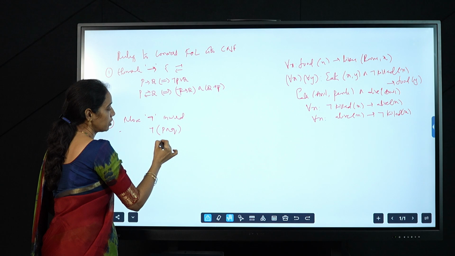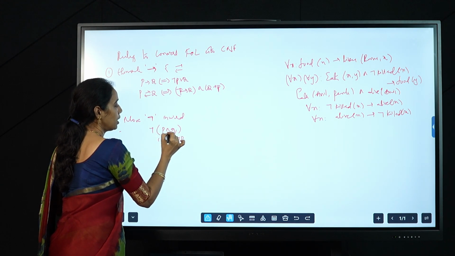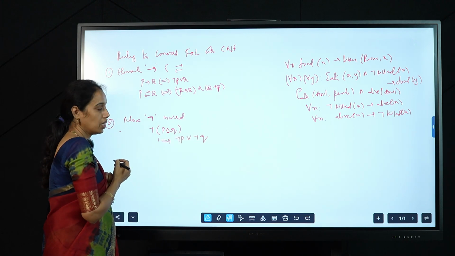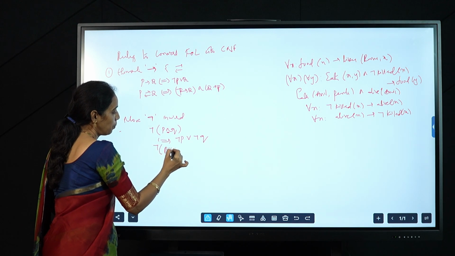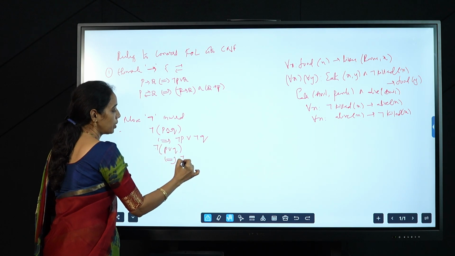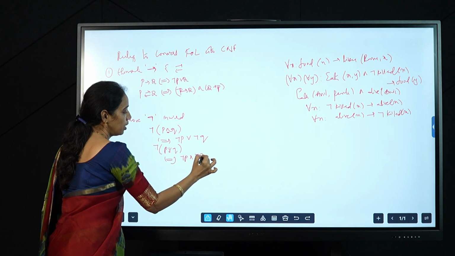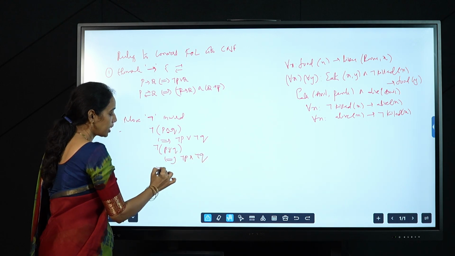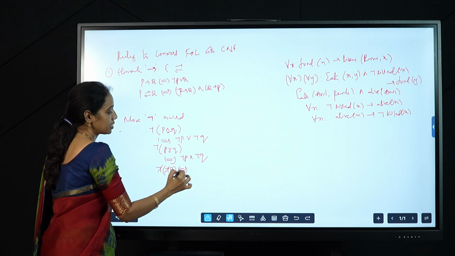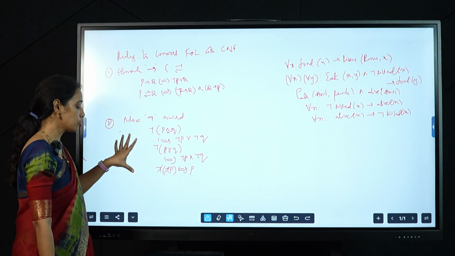The negation should be applied to the variables also: negation P or negation Q. And if it is negation (P or Q), then applying the negation inwards, it becomes negation P and negation Q. And if it is negation of negation P, then the negation gets cancelled, and the formula is equivalent to P. In this way, we have to follow these rules.